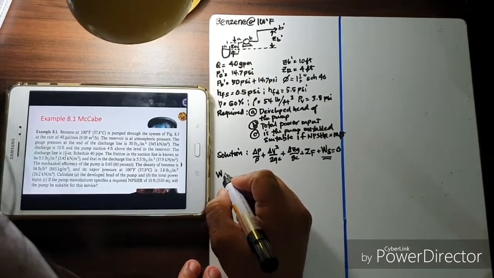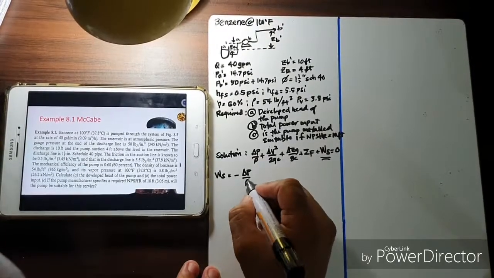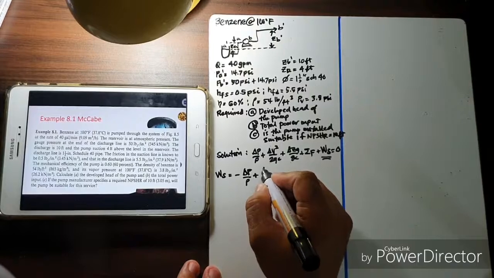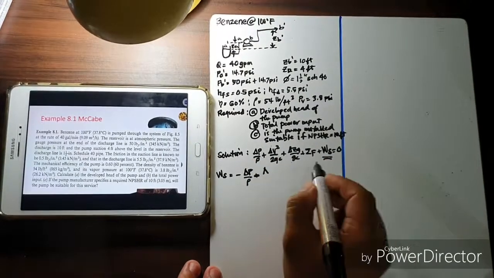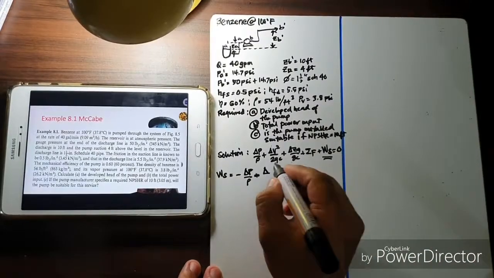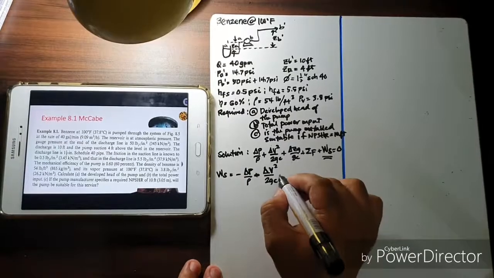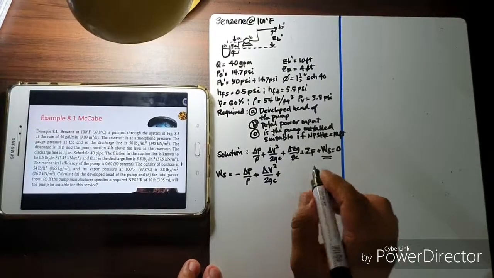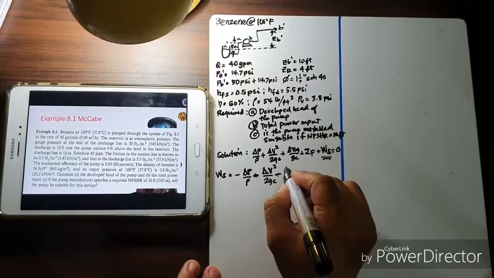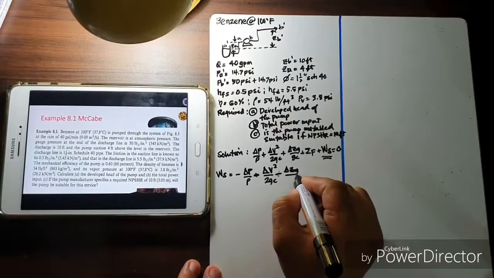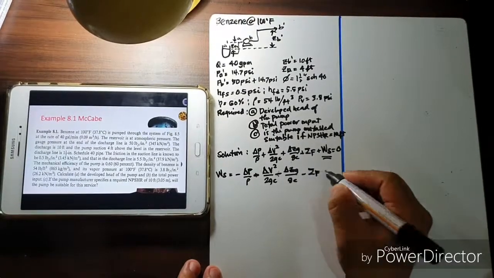So shaft work is then equivalent to negative delta P over density, minus, because we transpose everything to the other side, negative delta v squared all over 2gc, minus delta g z over gc, minus the summation of all the friction losses.